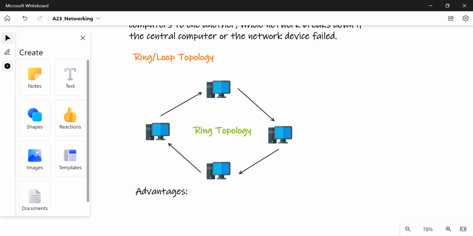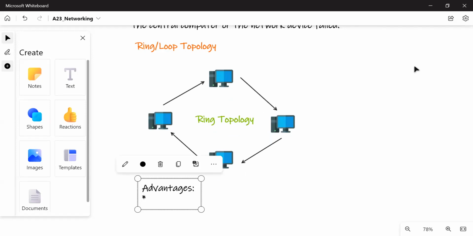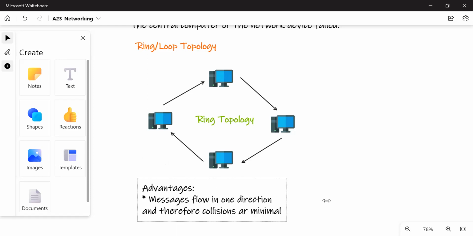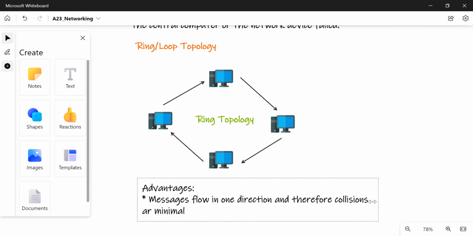We can say when messages travel in one direction, that's why I put some arrows, and therefore collisions are minimal, right? So the collisions are minimal.